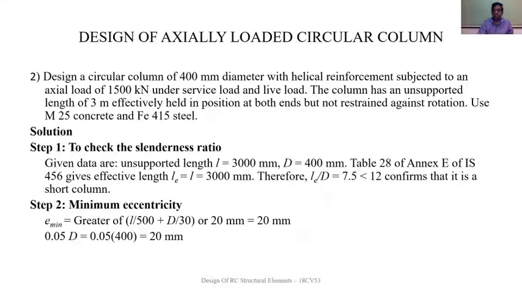So the spiral reinforcement, which helps in increasing the strength of the column, will be valid only till the elastic range, and when the spiral reaches its yield point, this statement will not be valid. Hence, in the design of axially loaded circular columns, the effect of helical reinforcement at the elastic stage will be considered.